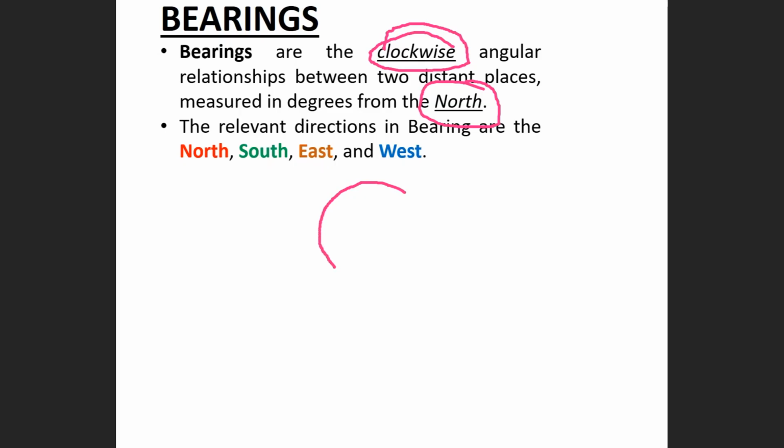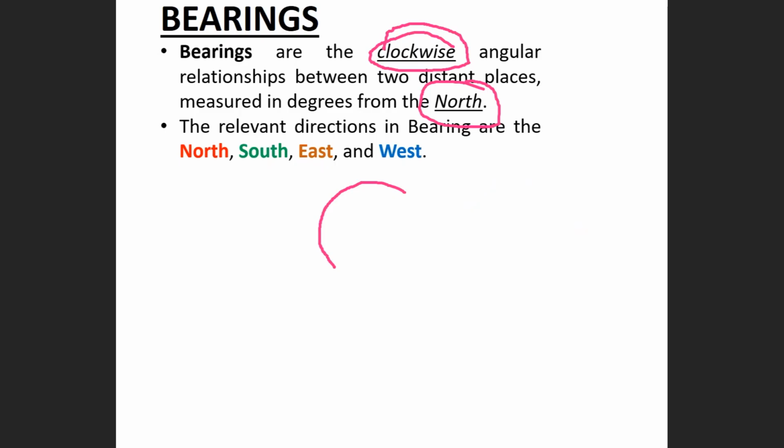You read bearing like you're going forward, in a clock direction. That's the meaning of clockwise. The movement of the hand of a clock is in this direction, to the right, not to the left. So these two, north and clockwise, are very, very important.